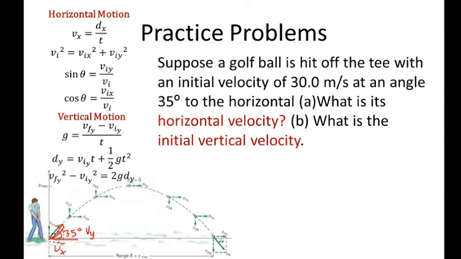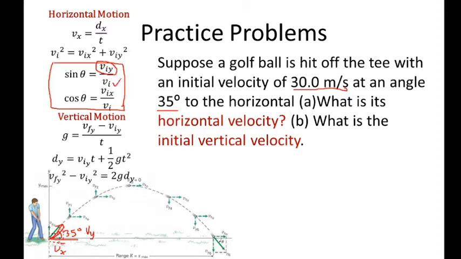And since we are given the initial velocity, we can use this formula right here to compute for the initial velocity in the x, or vx, and the initial velocity in the y, or viy. So to proceed, now we are only given the initial velocity and angle.